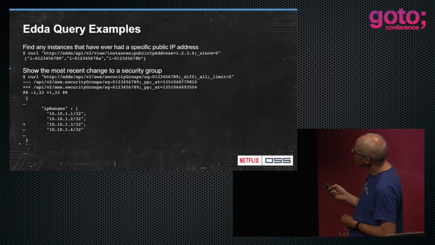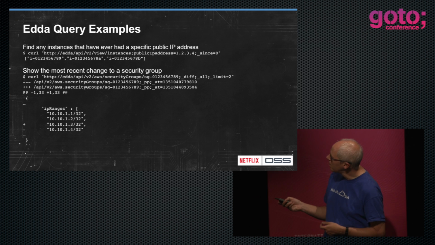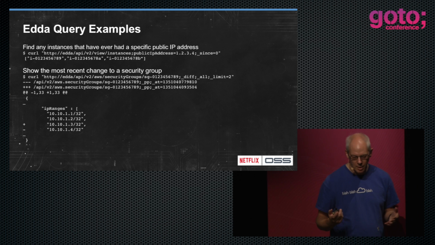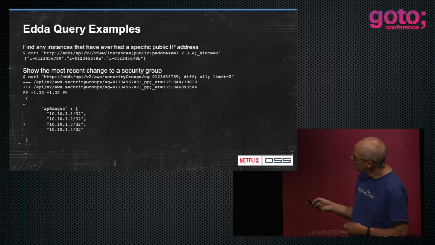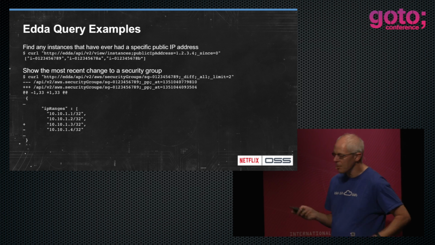So this says there are 2 security group versions here at 2 different times, and this is a difference of the JSON, right? In this case, you can see it change from 10.3 to 10.4, the plus and a minus here. So very powerful. So what Security Monkey is doing is running queries like this, looking for anything changed, and then notifying you that there's a /0 or something bad in there.